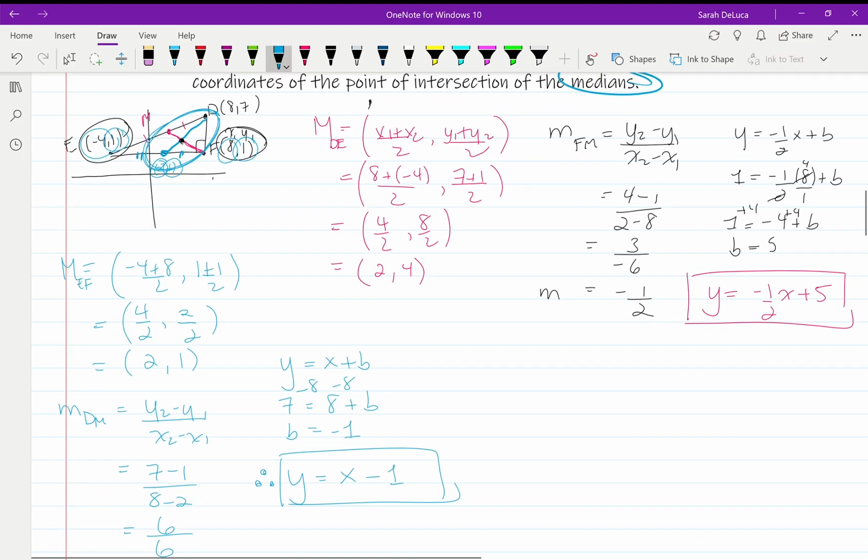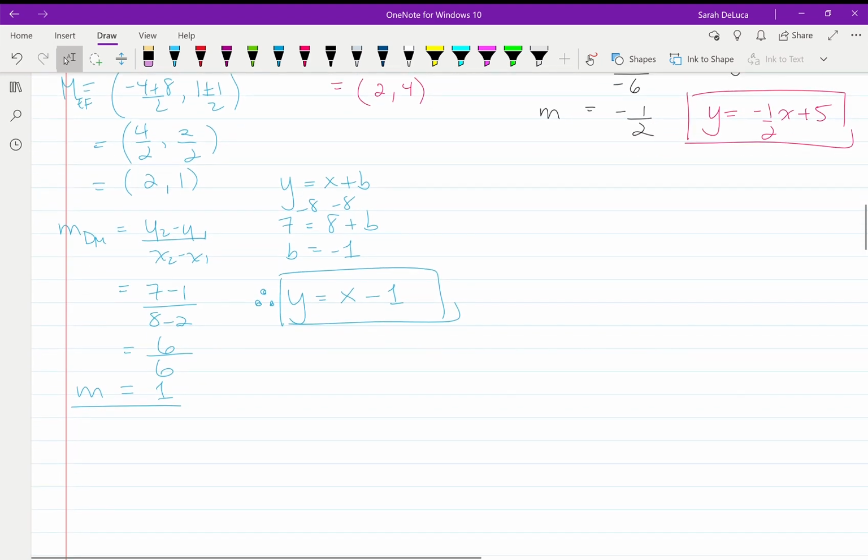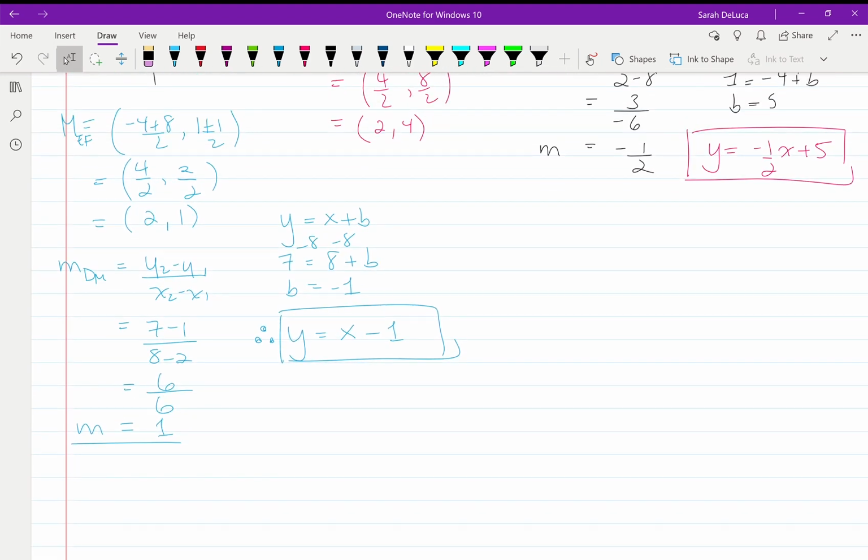Now I have two equations with the same two unknowns. I need to solve this system. I can already see that the y value here is isolated, so I might as well use substitution and plug it into here. I'm going to take that x minus 1 and replace the y value here.